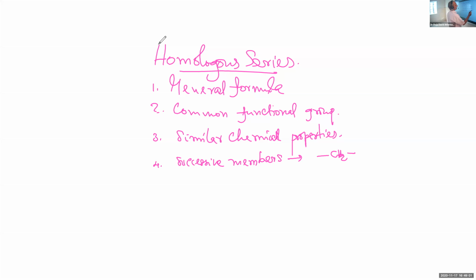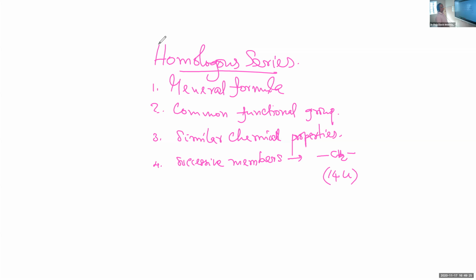Consider the mass of a CH2 group: carbon 12, hydrogen 2, so 14 u. The difference in molecular mass will be 14 u between two successive members. Such a series of compounds is called a homologous series.